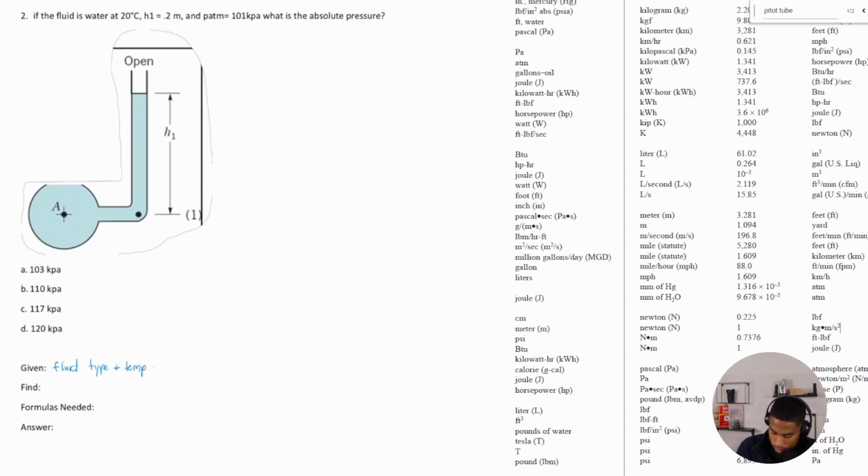We're also given H1 and P ATM, or atmospheric pressure. Okay. And what are we trying to find? Absolute pressure. Okay.